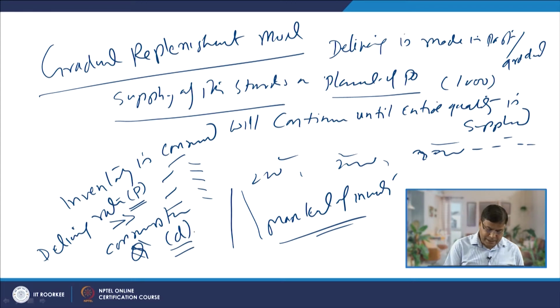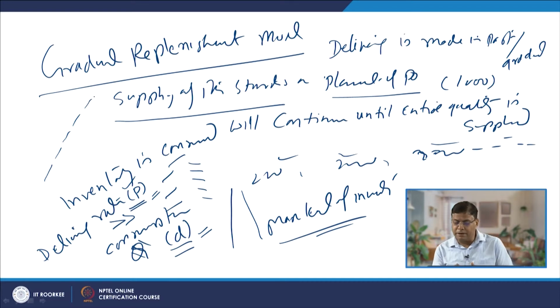So, small d is the consumption rate and capital P is the rate of delivery. If the replenishment rate is greater than the consumption rate, then certainly the inventory will keep on increasing during the delivery period when the order is being fulfilled. But the rate of the rise will depend upon the difference between the rate of delivery and the rate of consumption.